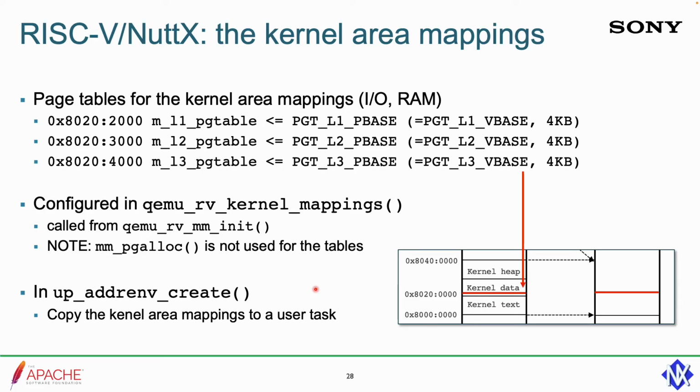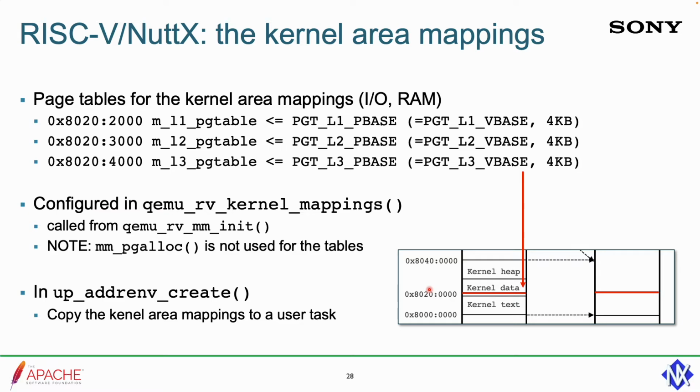In RISC-V NuttX, page tables for the kernel mappings are statically allocated in the kernel data area. Here, this implementation is different from the ARM v7a NuttX implementation.